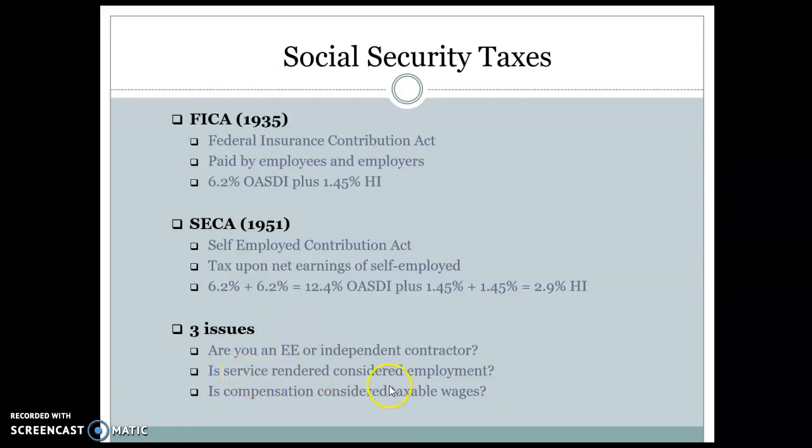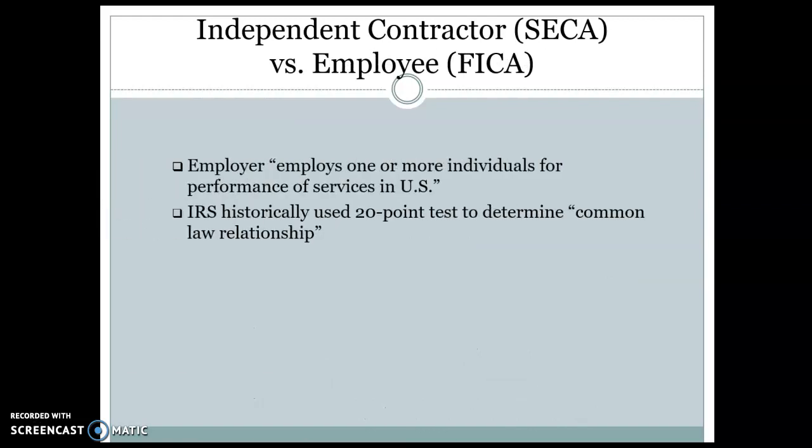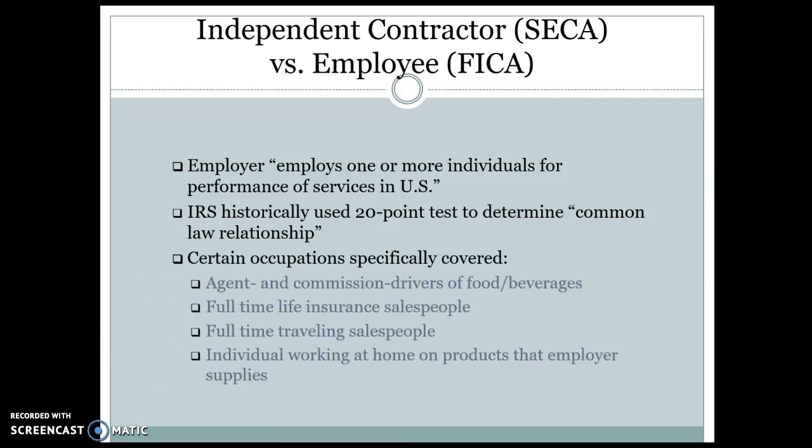Is service rendered considered employment? Again, this is trying to get down to which of these two laws someone fits in.